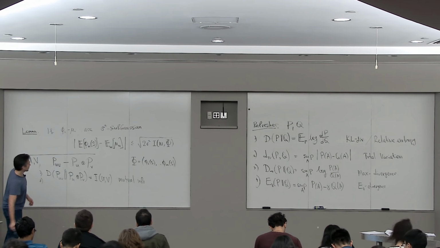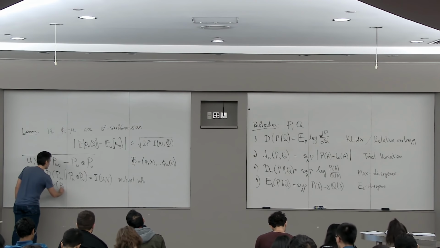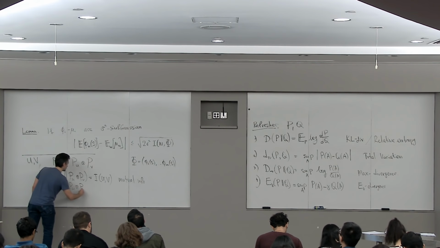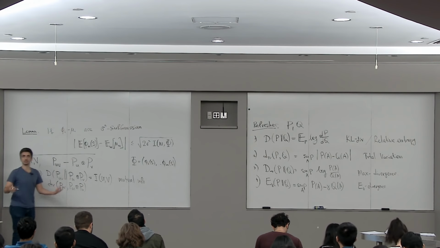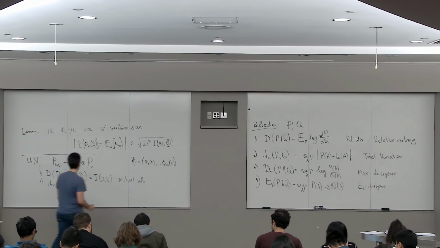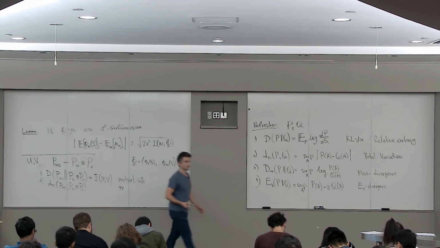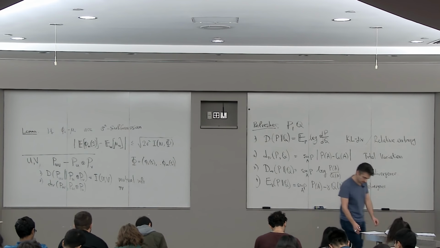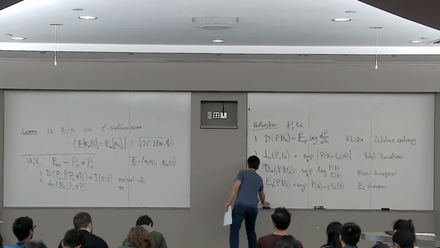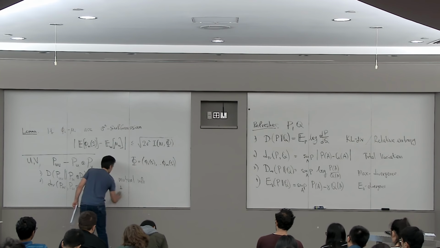You take the second one, and you get d_TV between P_UV and P_U times P_V. Again, this times means it's a product of these distributions. So this is called total variation information, or just T information.